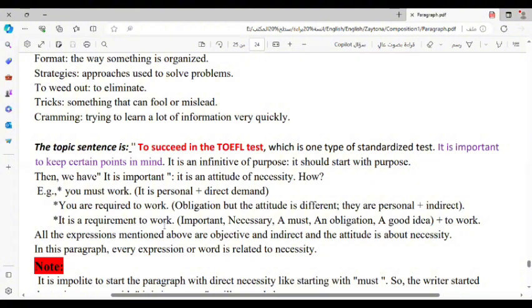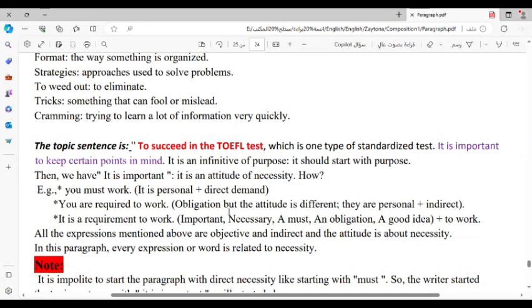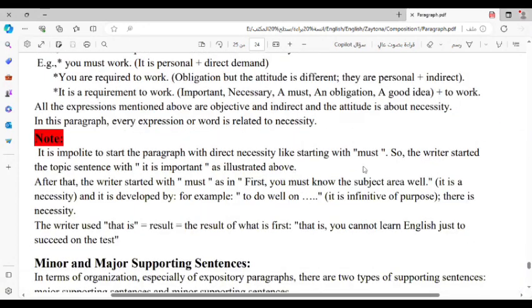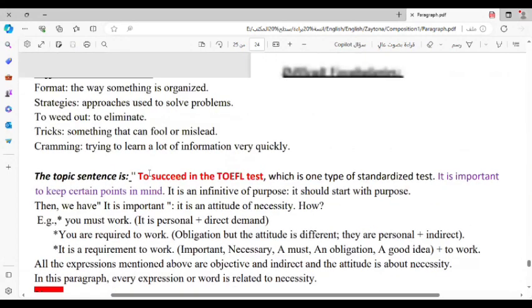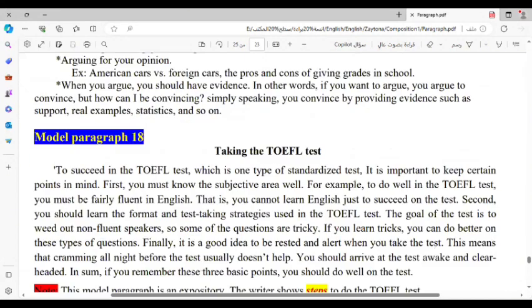Okay, so as you see here, in the beginning of the paragraph, we said that it is important. Okay, it is important. I didn't say, for example, you must. It is important to keep certain points in mind. I didn't say you must keep certain points.